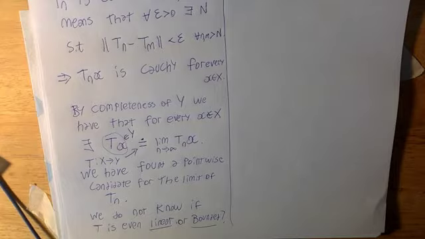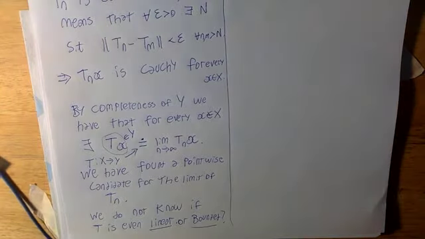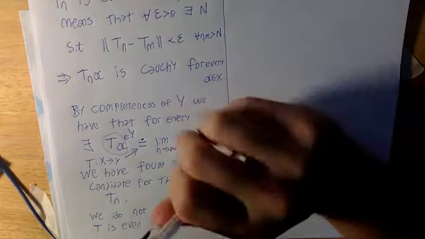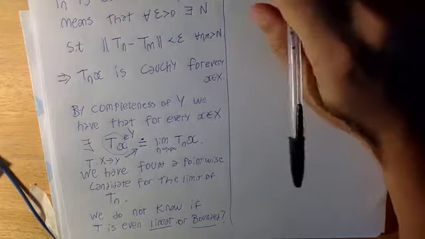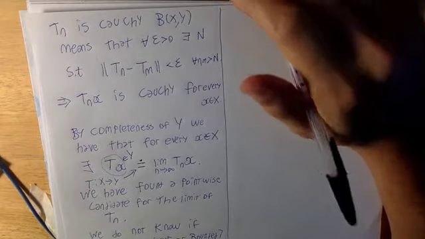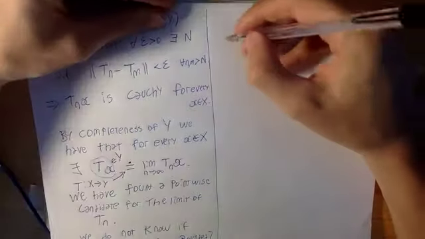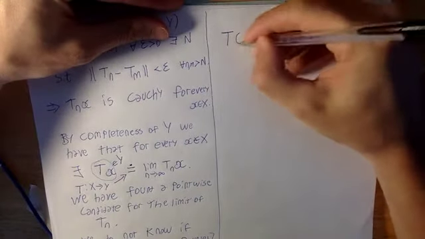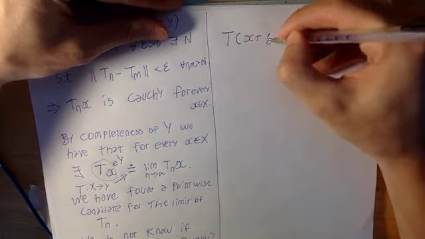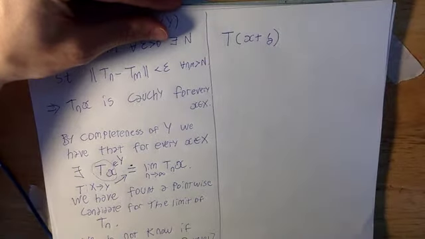Okay, so how do we show that this is linear? The point is, to check that it's linear, you check on a sum of two vectors, T of x plus y.